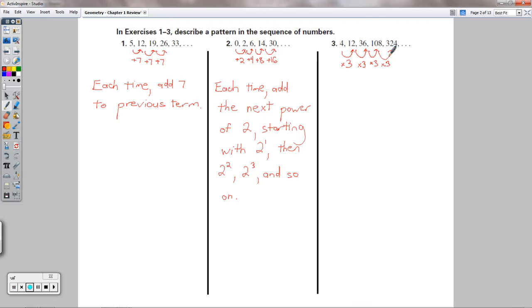So this one's actually pretty easy. Each time, multiply the previous term by 3. Very good.